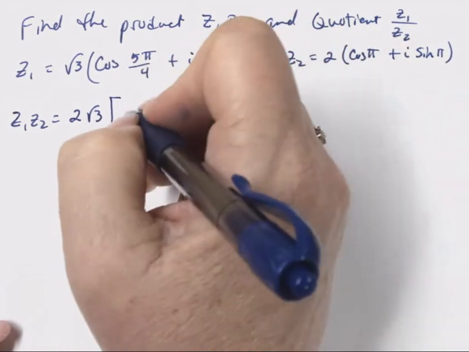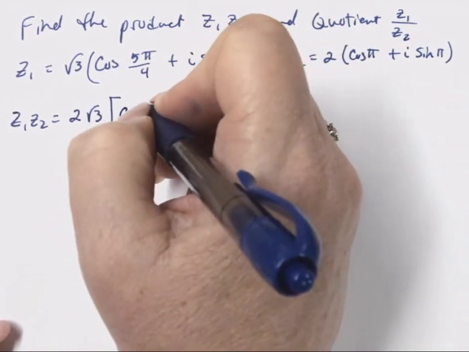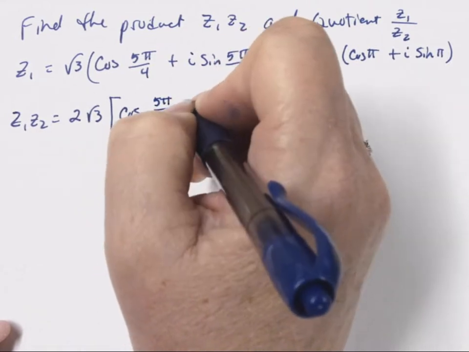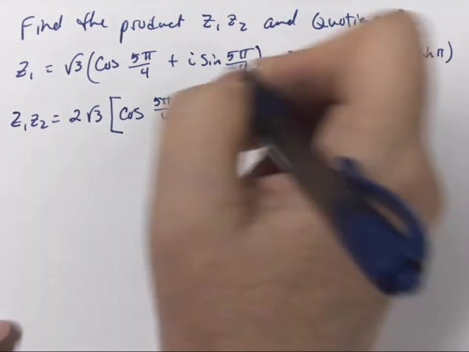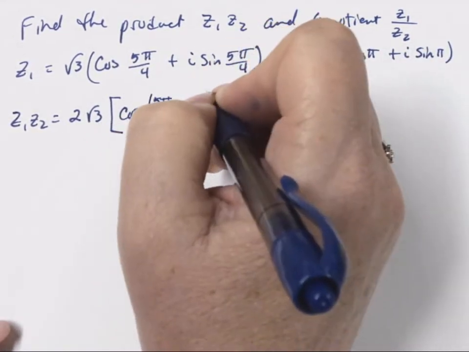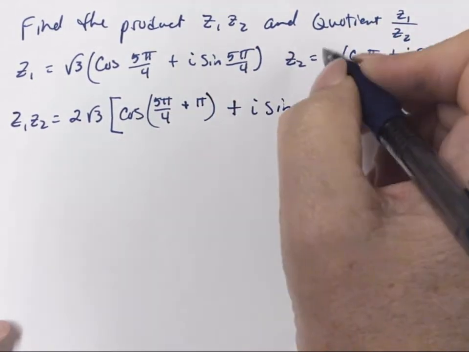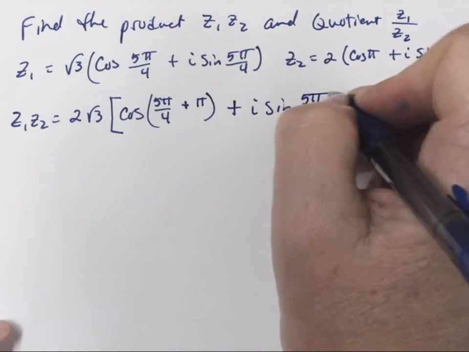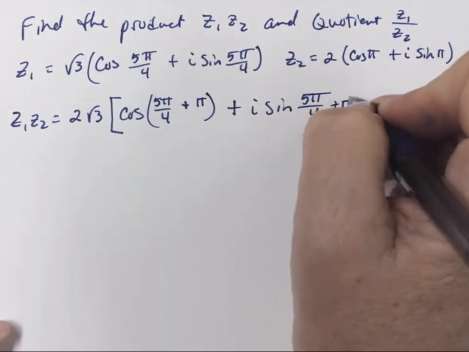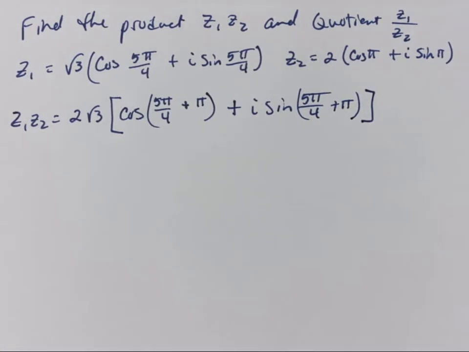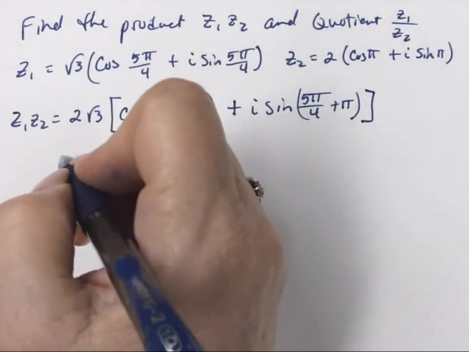And then it'll be cosine of 5 pi over 4 plus our angle of pi, plus I times the sine of 5 pi over 4 plus pi. So what we have to have is common denominators on our angles.